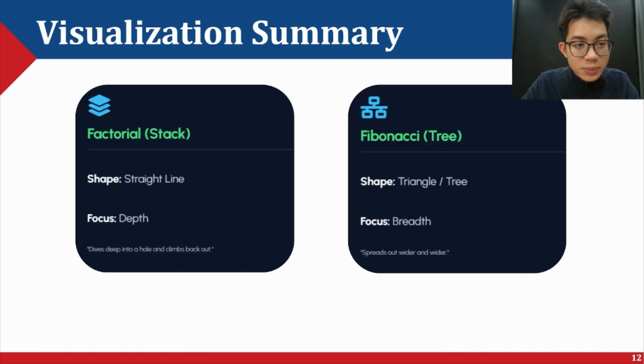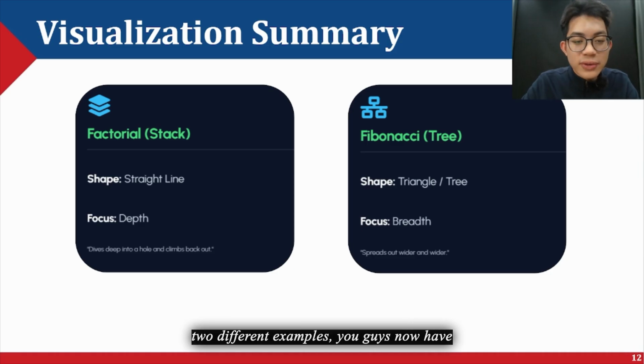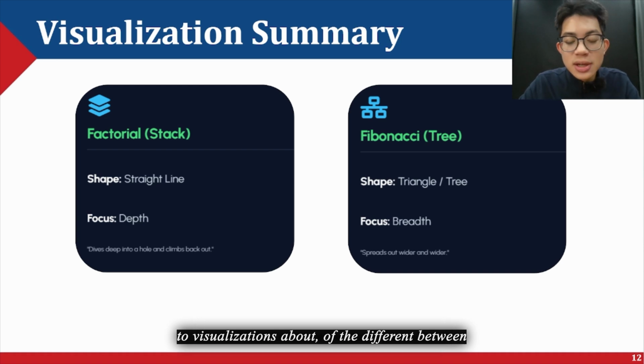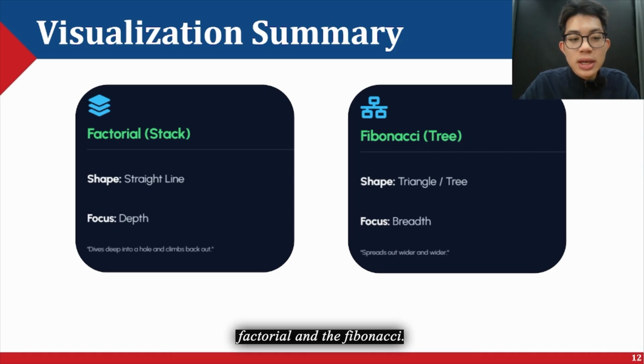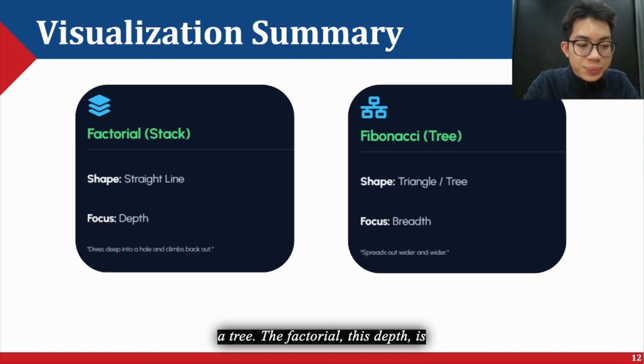The next thing, after I mentioned two different examples: you guys have two visualizations about the difference between factorial and the Fibonacci. The factorial is a stack memory. It's a stack like a plate, and the Fibonacci is like a tree.